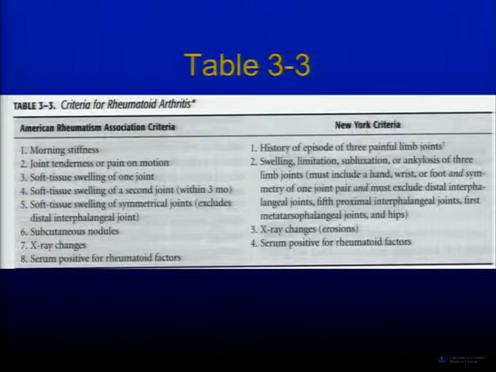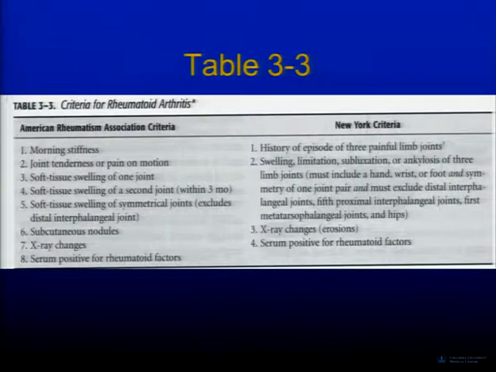In that, there are episodes of 3 painful limb joints, swelling and different things that they'll feel, and they have to be in certain locations within the body, the hand, wrist, foot, and you also see some X-ray changes like erosions, and the serum is positive for rheumatoid factor. So with the same disease but different criteria, someone may get diagnosed with the disease or may not, depending on which criteria you follow.